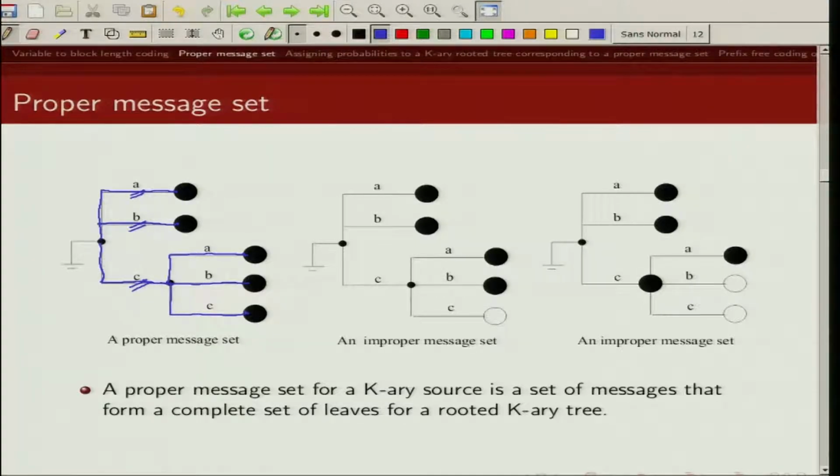Let's look at some sequence, say A, B, A, C, C, B. Note here that if I use this source parser, which I am calling a proper message set, how will I parse this input sequence? For A, that's one block, then B, then A. If I get a C, I look at the next symbol, that's CC.